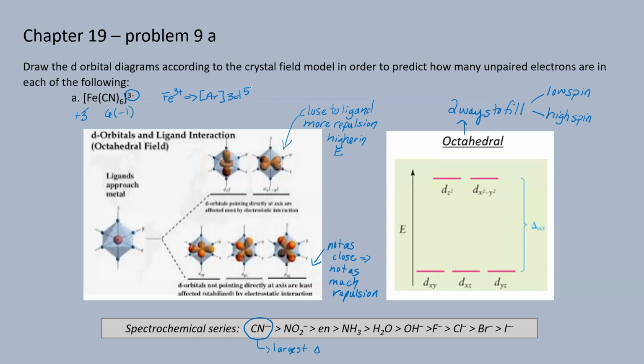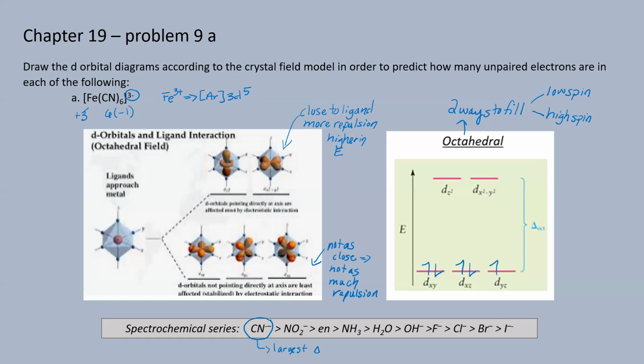So if I put my 5 d electrons in and I stay in the low orbitals, I'm going to do 1, 2, 3, 4, 5. That turns out that there's only one unpaired electron, which is ultimately what the question asked us to do. If we were able to utilize the upper or high orbitals, those 5 electrons would all be in separate orbitals, so you would have more unpaired electrons because they would all be individuals.